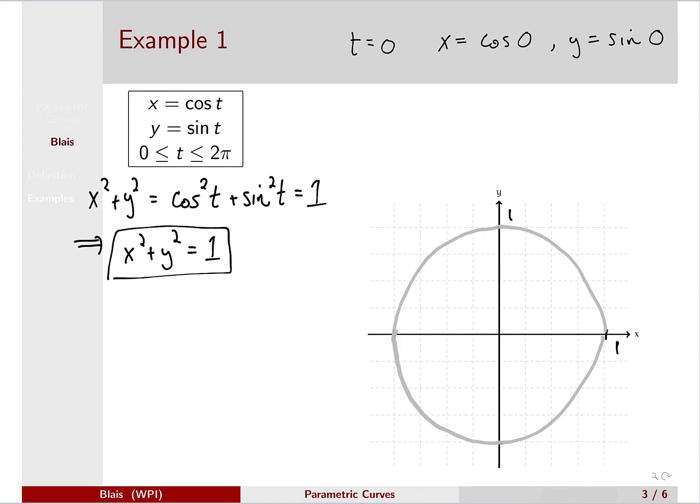We know cosine of 0 is 1 and sine of 0 is 0. So at time 0, we're at the point 1, 0. So if we think of this as a clock, the clock starts at time 0, and we begin at this point.